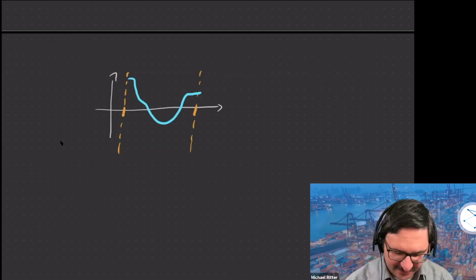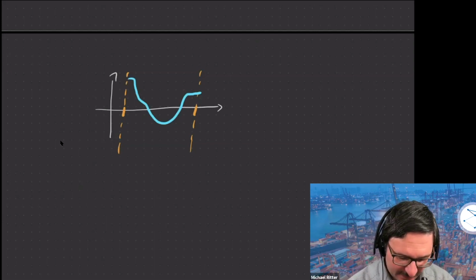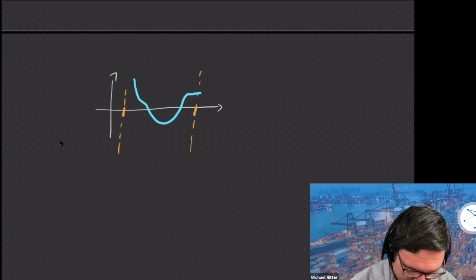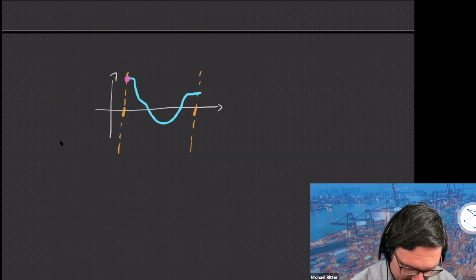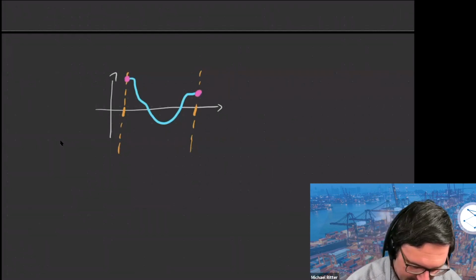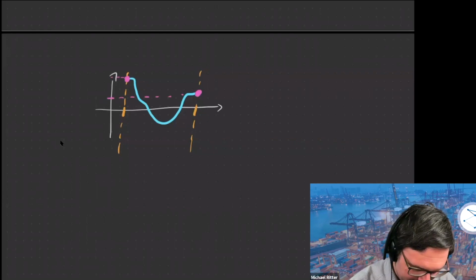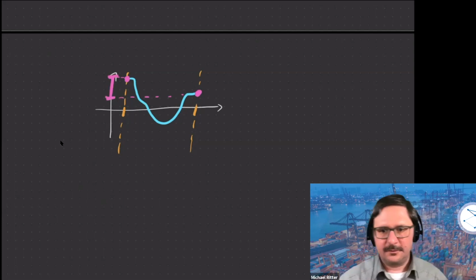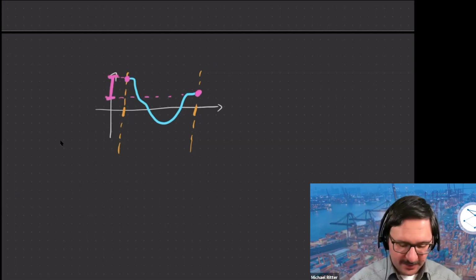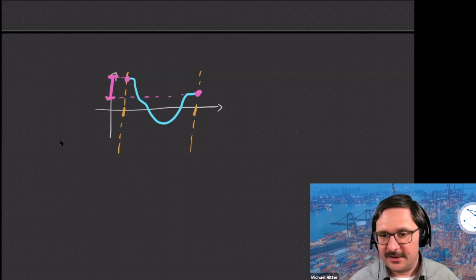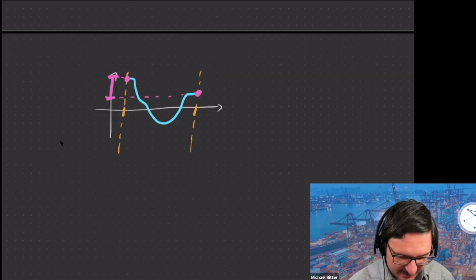Then the intermediate value theorem says, if you look at the endpoints, this one and this one here, and you consider the function values at these endpoints, then these also define an interval in the codomain. And what the intermediate value theorem says is that every value in that interval will be assumed by the function f somewhere between those interval points.